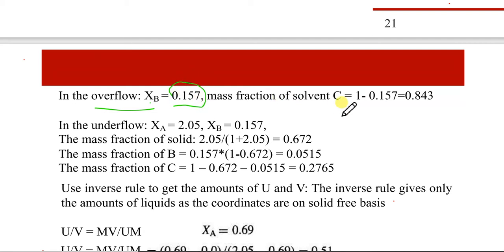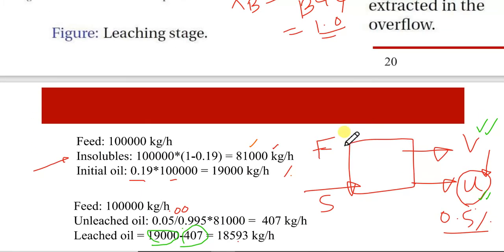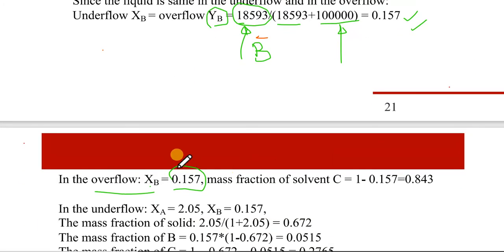Basically we have to find the mass flow rate in each stream and the composition. Feed and S we know, then overflow and underflow. So what is the total flow rate and the composition? In the overflow we have B and C. You can see XB is this, then for sure C is 1 minus this, there is nothing else, no solid there.